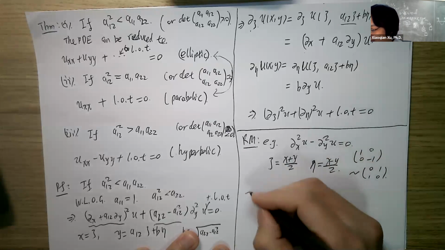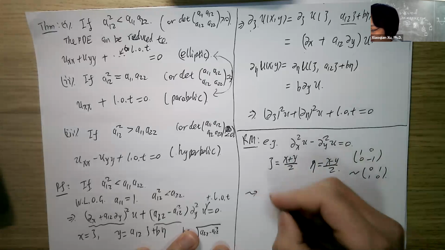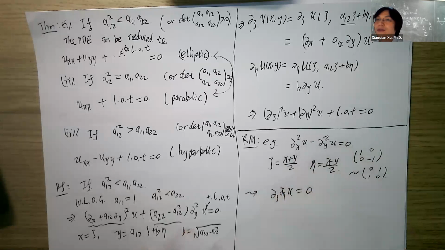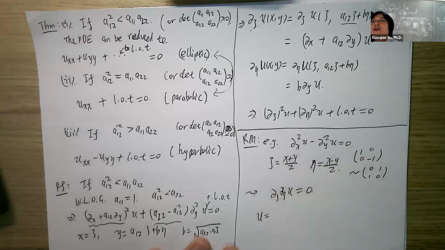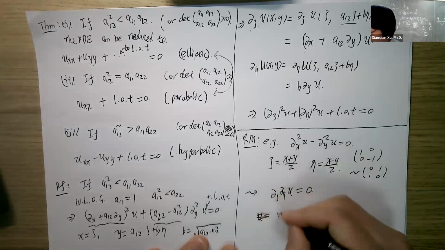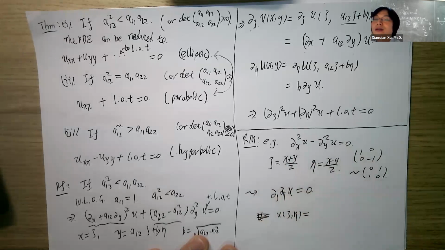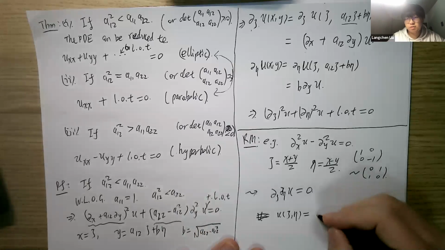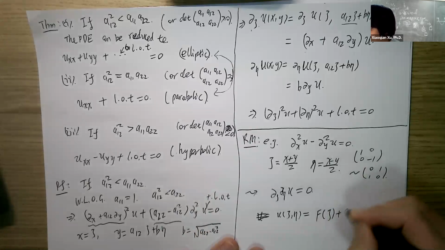What we will find is this differential equation can be changed to partial xi, partial eta, u equals 0. And from the first class of this session, we know that u of xi, eta should equal what? The addition of two single variable functions. Yes, that's right. It's f of xi plus g of eta.